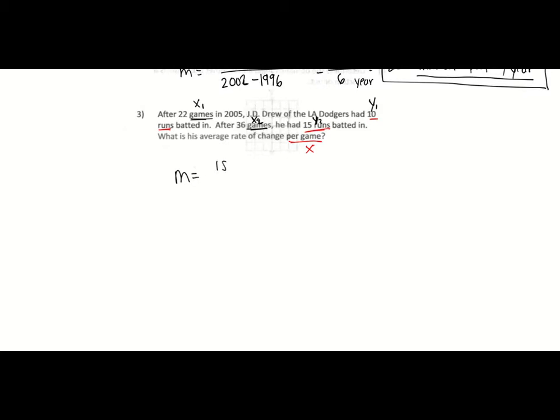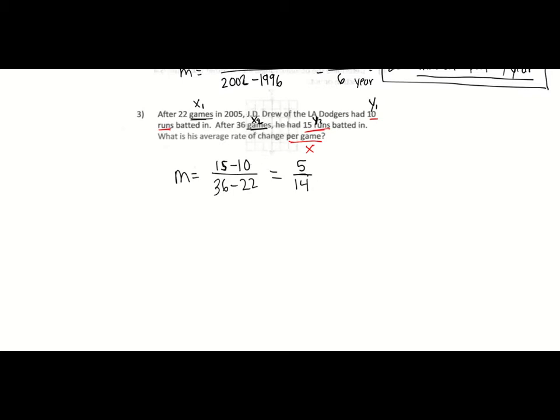Y2, 15 minus 10, over 36 minus 22. This gives me 5 over 14.